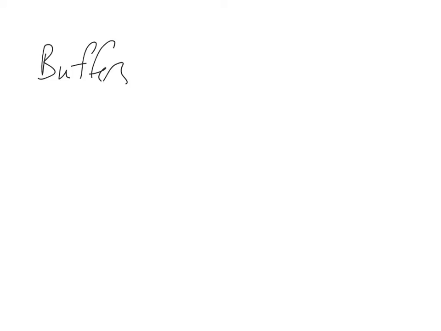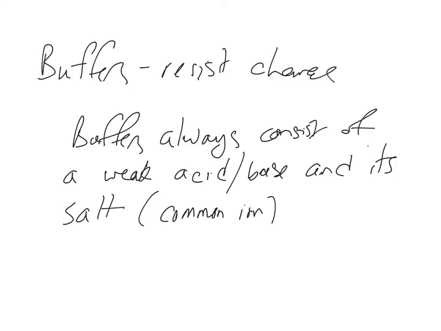Okay, so buffers basically just resist change, right? They resist change in pH. So a buffer, we probably learned about weak acids. And if you have a weak acid, you can pull the two ions apart, the H plus and the anion, and add that to a salt like Na, right?